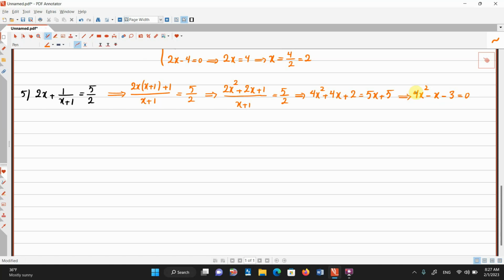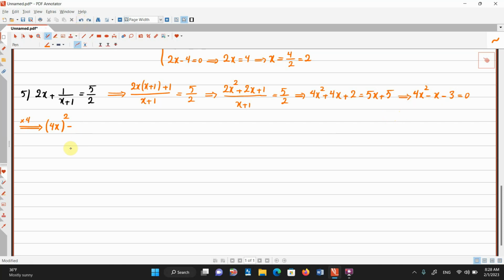But in this quadratic equation, the leading coefficient is not 1, so we have to make some changes to this quadratic equation. We should multiply all terms by 4. Multiplying all terms by 4 will result in (4x) to the power of 2 minus, look here guys, in here x has a coefficient of negative 1.